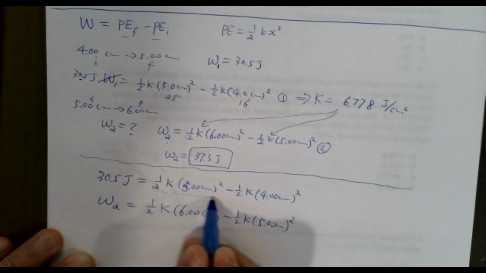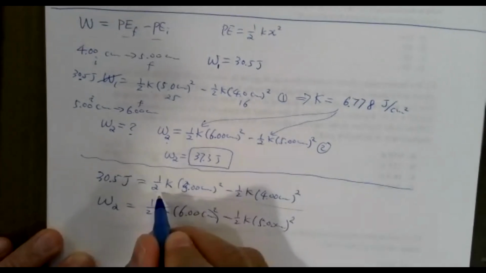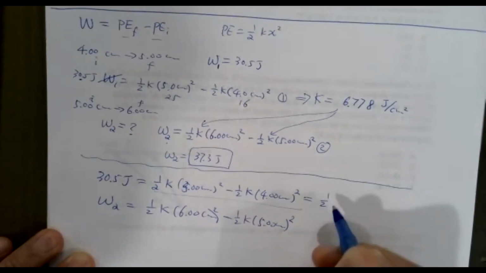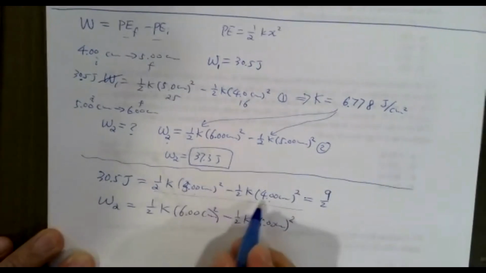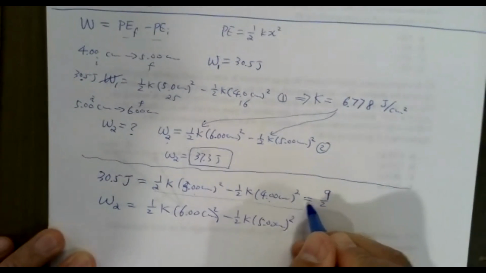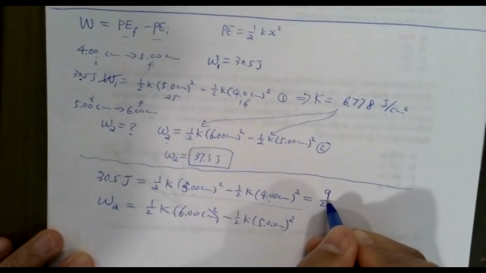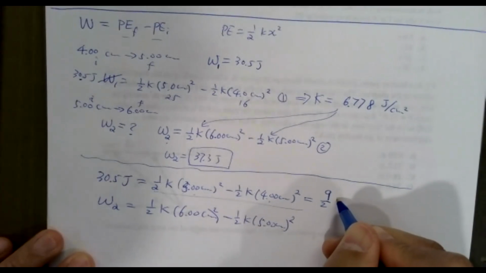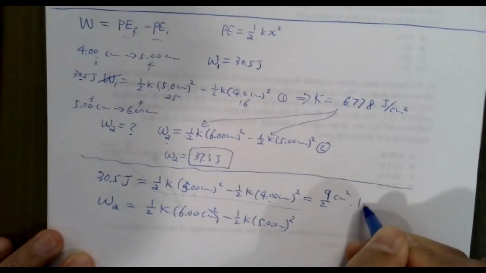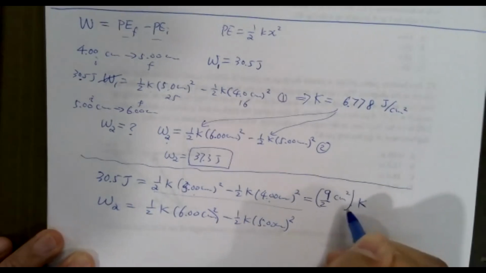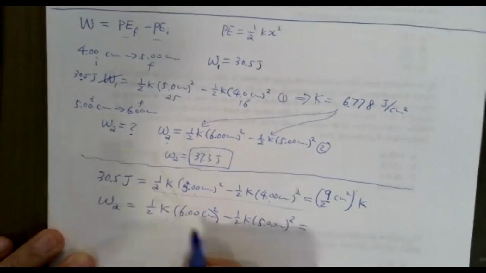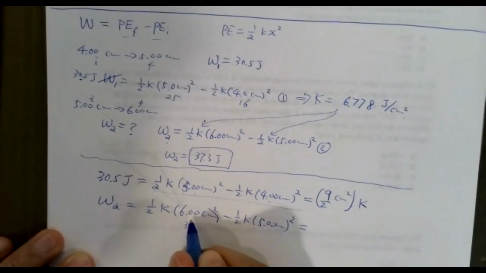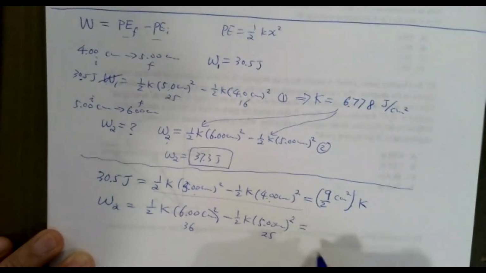I can look at the right-hand side of this one. So this is 1/2 times 25 minus 16, right? Which is 9. If you do 25 minus 16 gives you 9. So 9 over 2, so 9/2 centimeter square times K, okay? And then this one on the right-hand side should be, now this is 36, right? 6 square is 36 and then 25 from the 5 square.